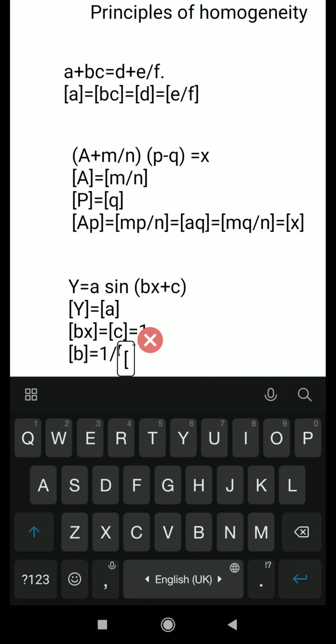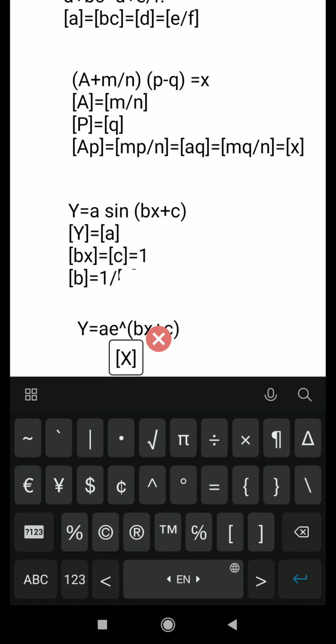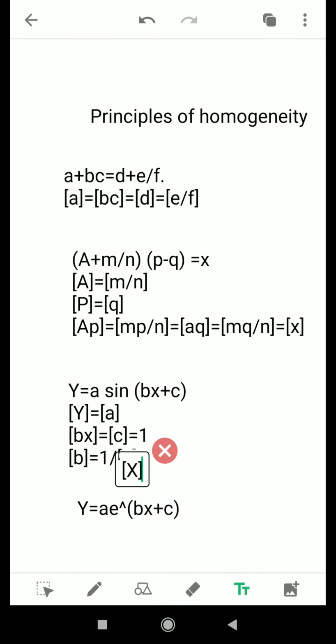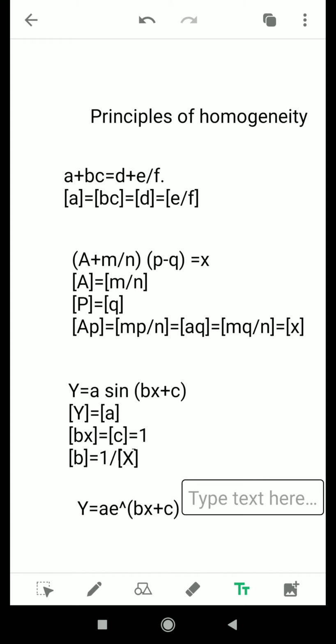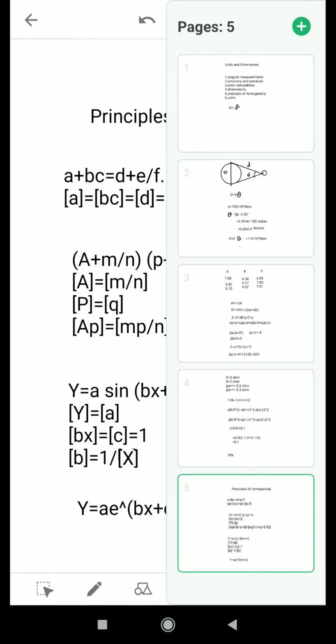And here also the dimension of y equals dimension of a, because you know e is dimensionless. e is a mathematical constant, you all know. Next we go to the next page.